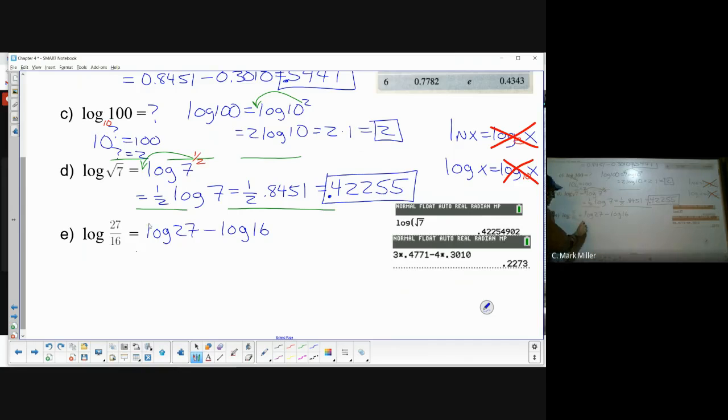So these equal log 3 to the 3 minus log 4 to the, no, not 4.